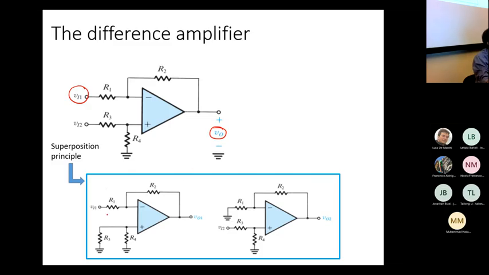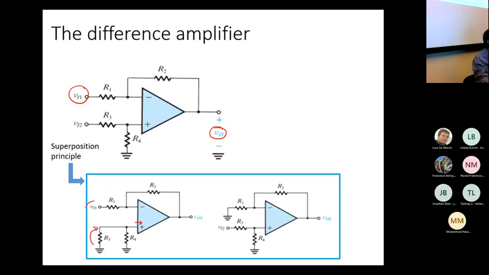When V2 is equal to 0, and if we can neglect the input current here, then the voltage drop over R3 and R4 is null.